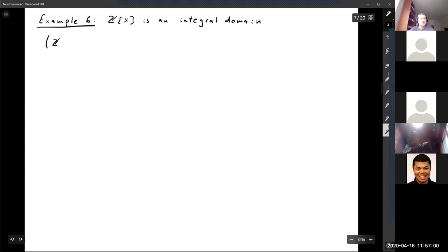What is the corresponding ring of units? That's the question to the audience. Can you describe the corresponding ring of units?